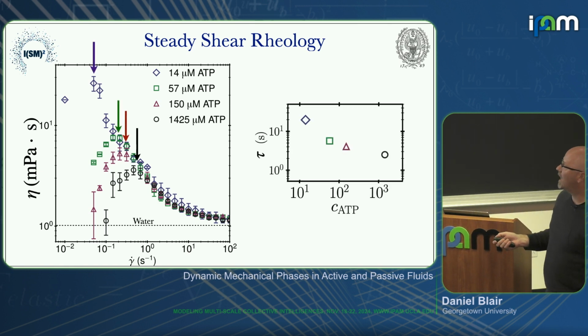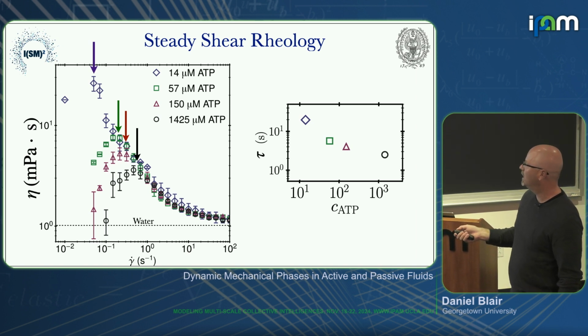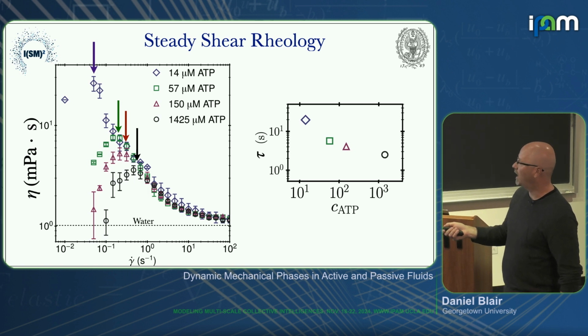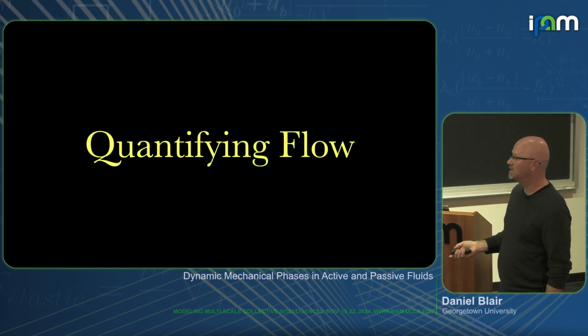So I can take the timescales, because this measurement is 1 over timescale, I take tau from this, and I get, as a function of ATP, how does the timescale for the rheology look? In fact, it decreases as a function of increasing ATP concentration.